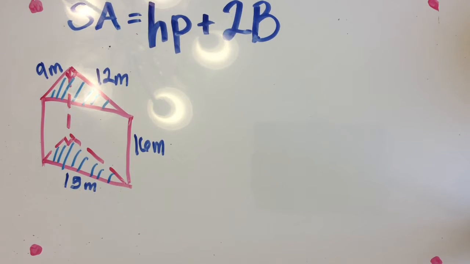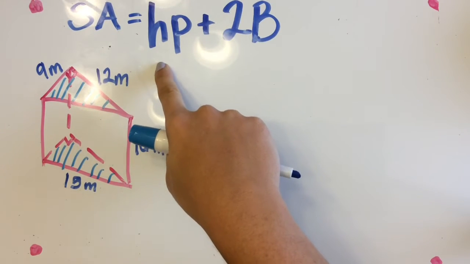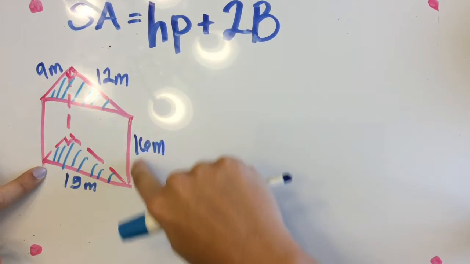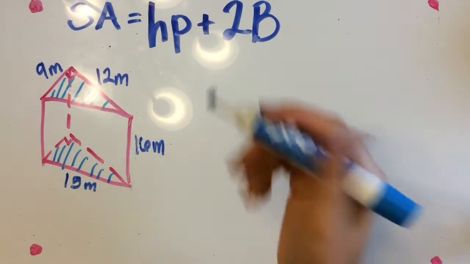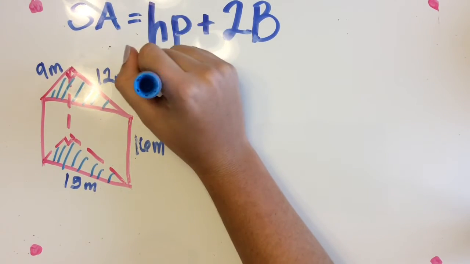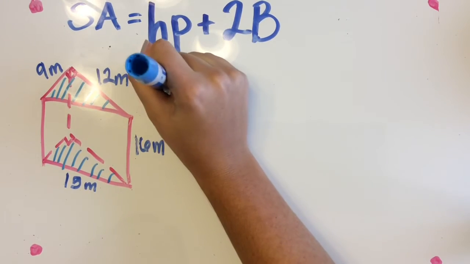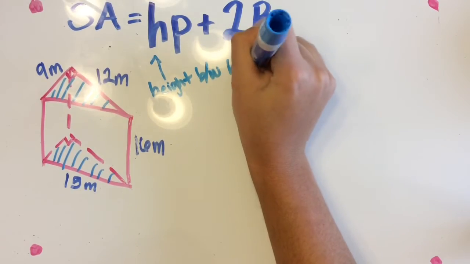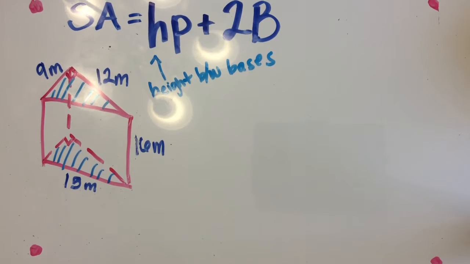In our formula, the surface area is equal to the height between the bases. If these two triangles are the bases, it's the distance between them, in this case 16. Not only the height of the figure, specifically the height between the bases. Then I have P, the perimeter of the base.